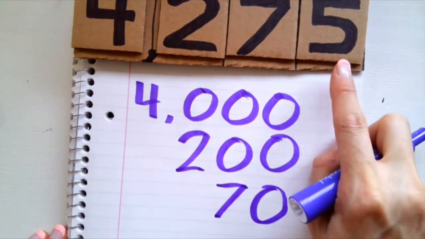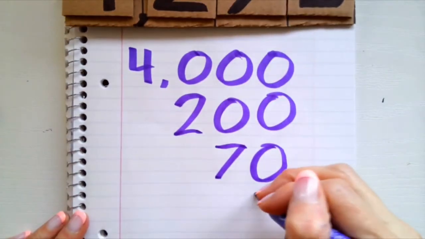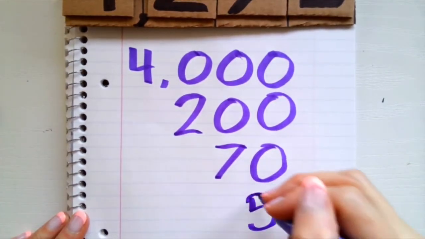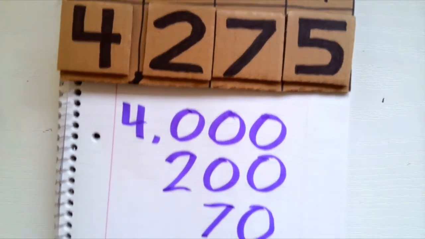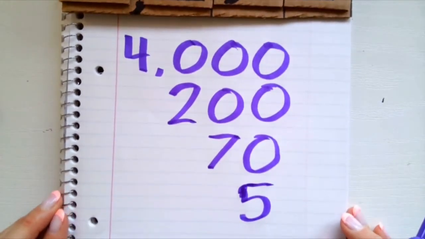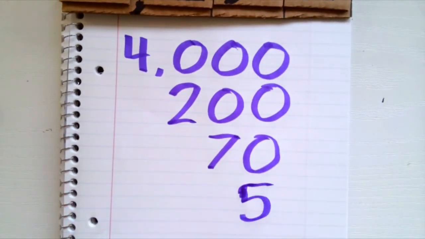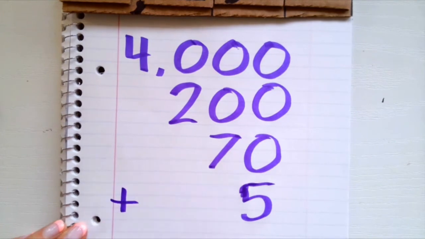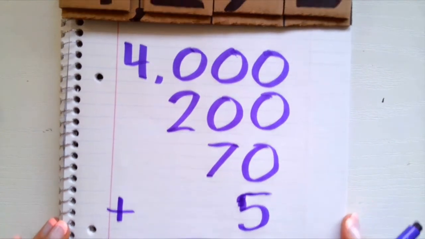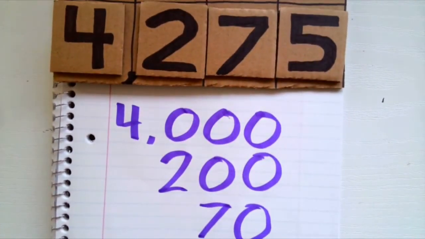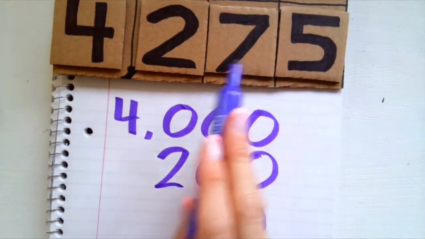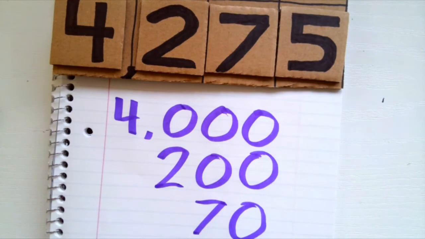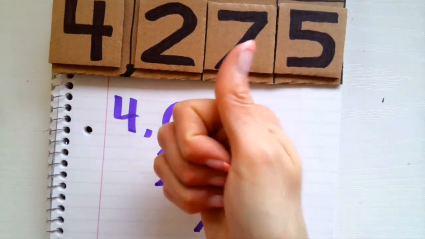And finally, what about that 5? 4,275, written in expanded form, is 4,000 plus 200 plus 70 plus 5. When added together, they equal this number at the top. If you can correctly tell me the value of each digit in a 4-digit number, you have met the learning target.